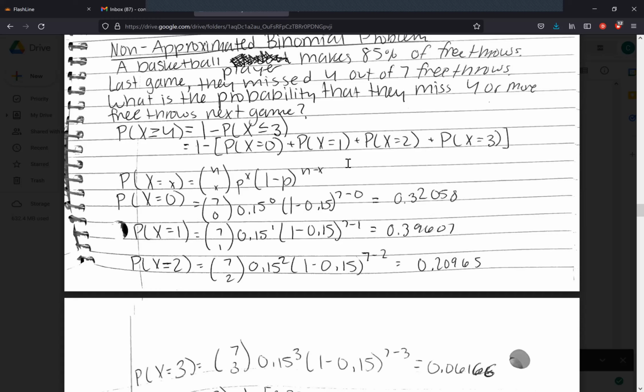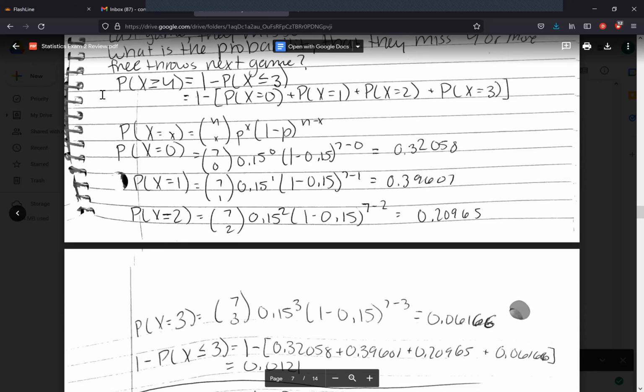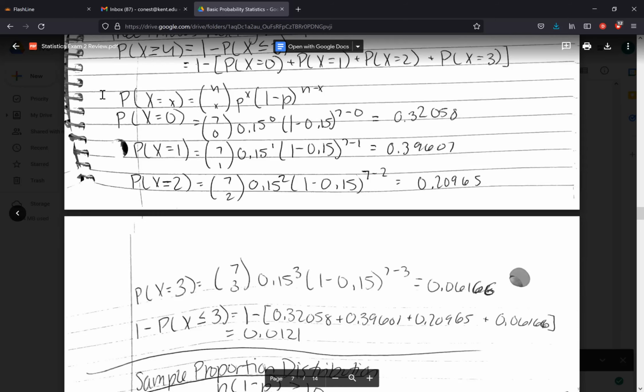And again, we're going to use this formula, n choose x times p to the little x power times 1 minus p to the n minus x power. So this formula, I feel like, is a lot clearer once you actually start plugging numbers into it.